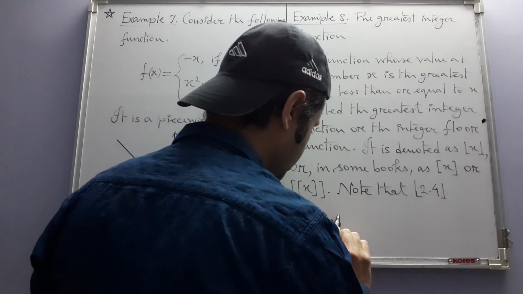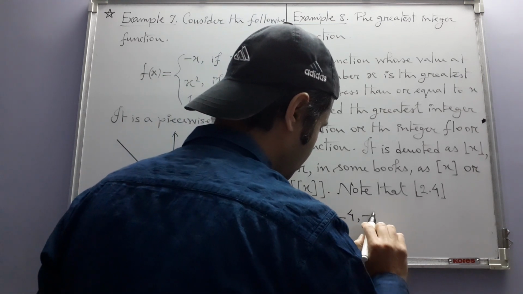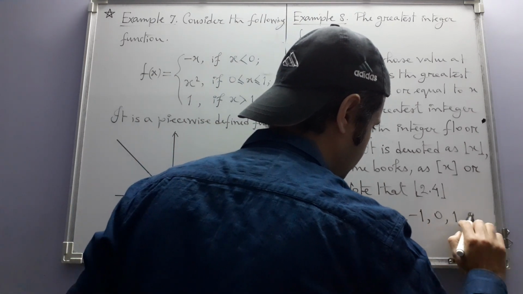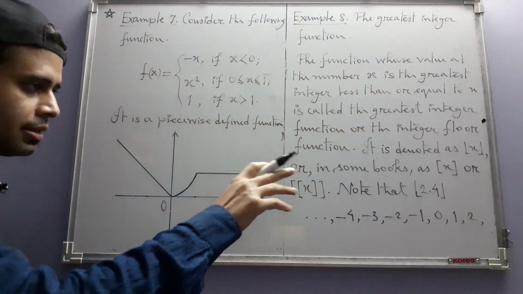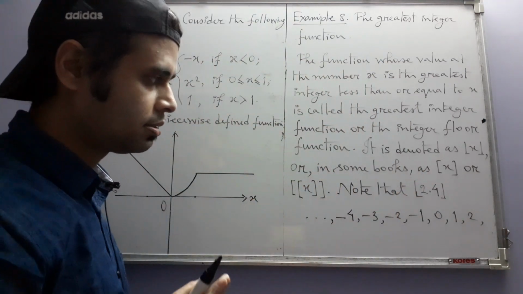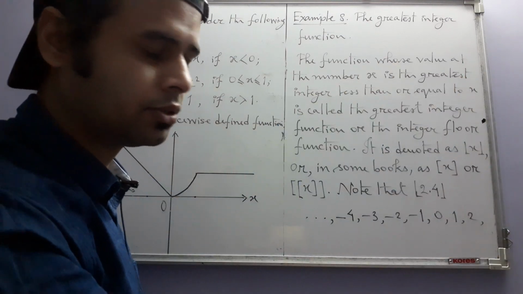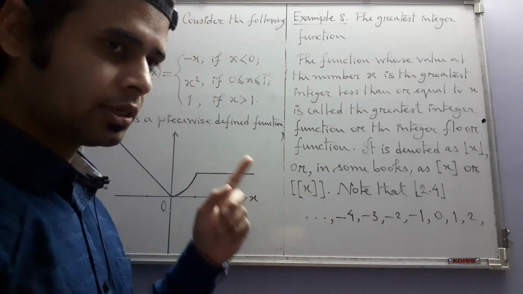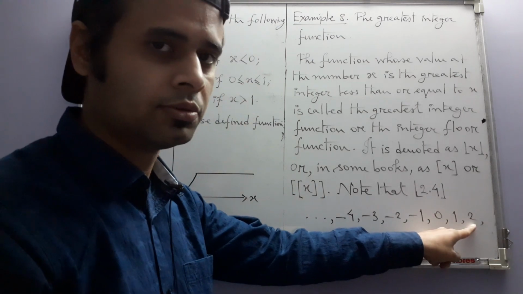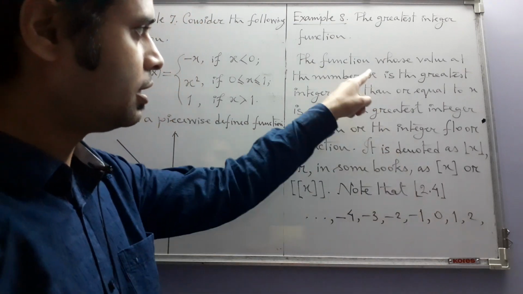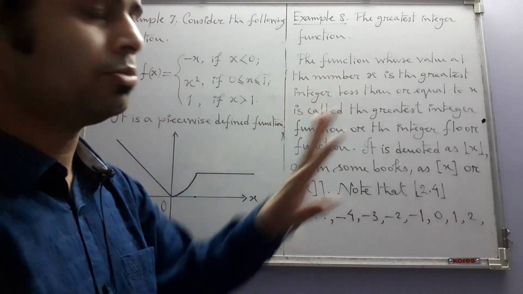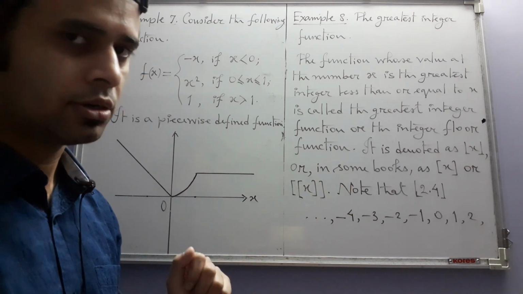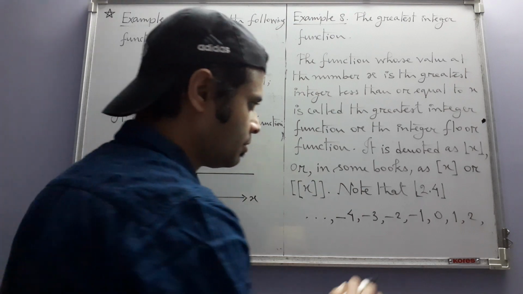All of these integers, -4, -3, -2, -1, 0, 1, 2, and the other integers are not less than 2.4, they are greater than 2.4. Among all these integers that are less than 2.4, the greatest integer is 2. Less than or equal to 2.4 of course, but the equality condition is not satisfied here.